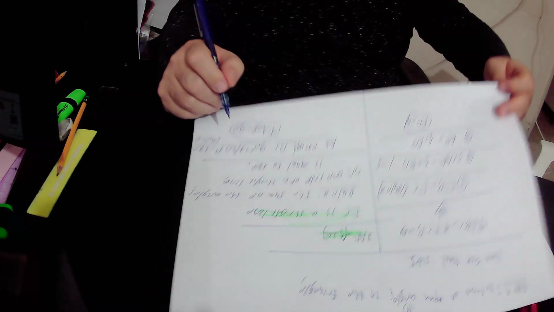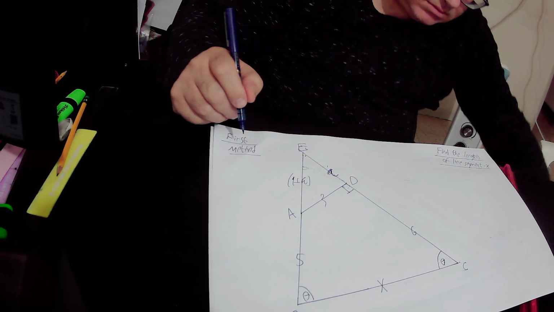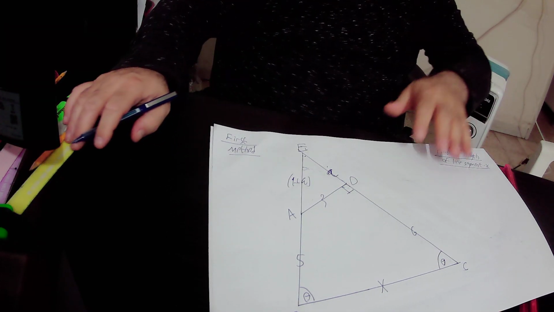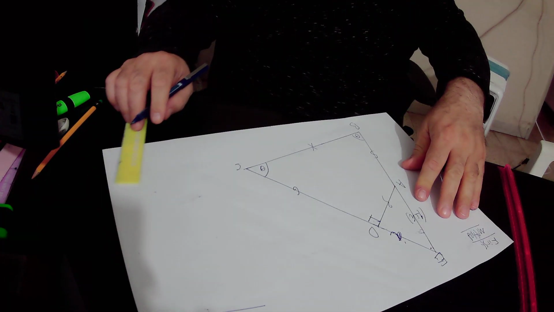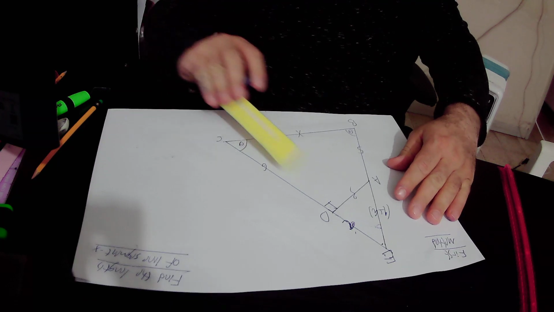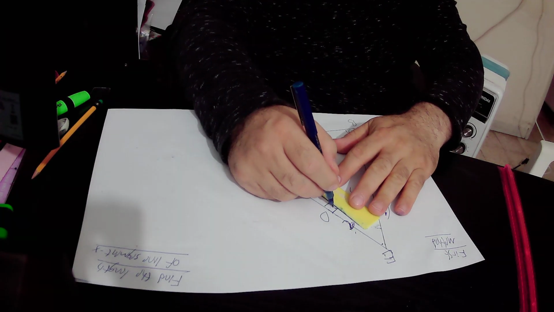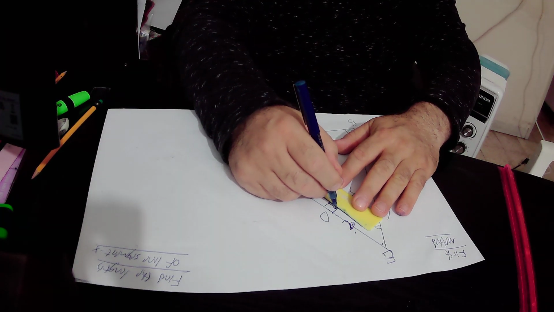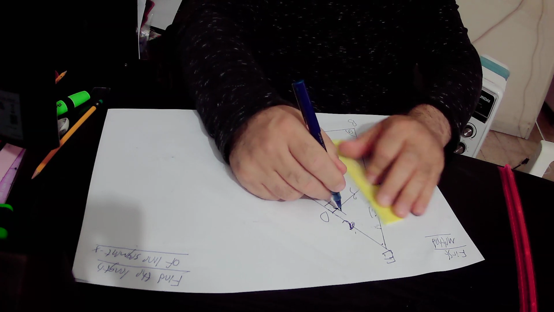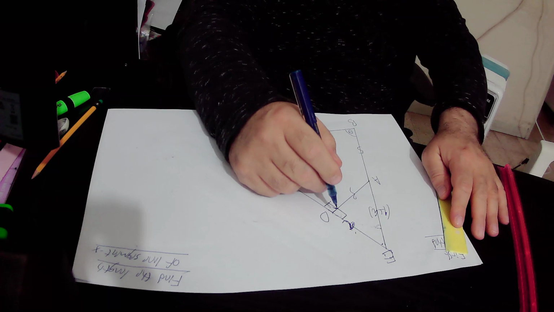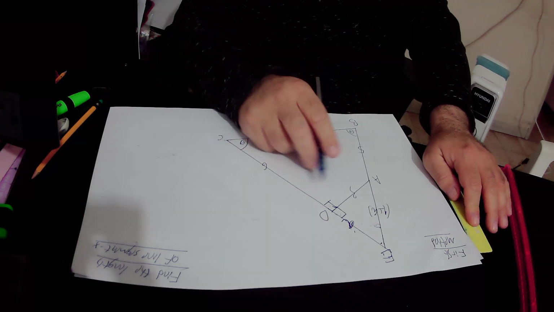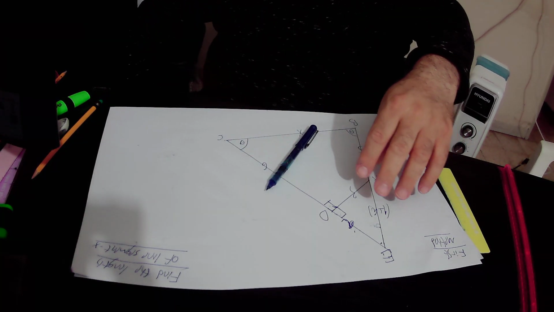So this angle ADE equals 90 degrees. So if angle ADE equals 90 degrees, it means that triangle ADE is a right triangle.